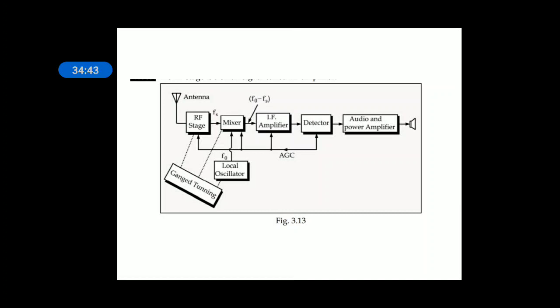In the TRF receiver, the tuning is done in the RF amplifiers, whereas in the superheterodyne receiver, the tuning is done in the local oscillator in such a way that when a frequency is desired, the local oscillator is tuned to the desired frequency plus the IF value, so that the difference will become a constant value at the mixer.